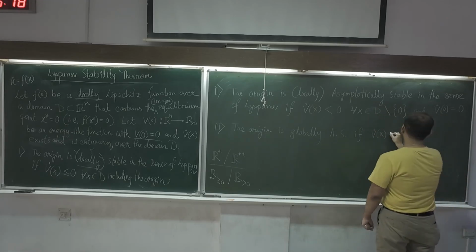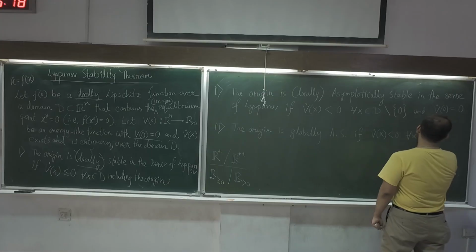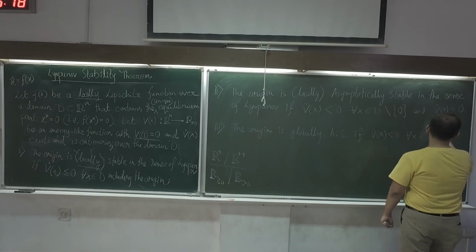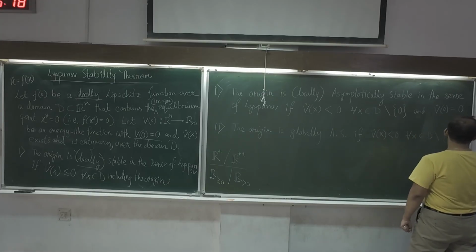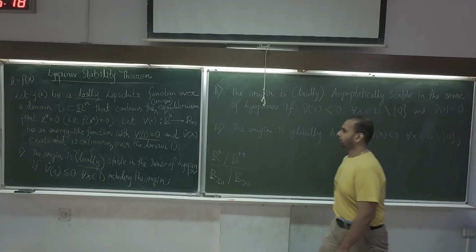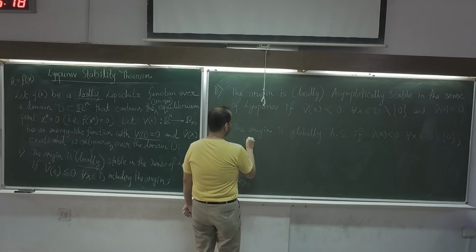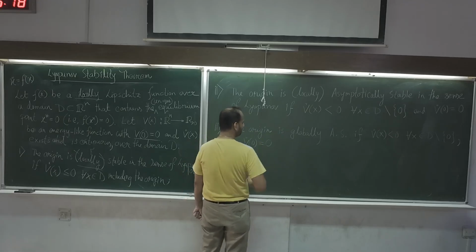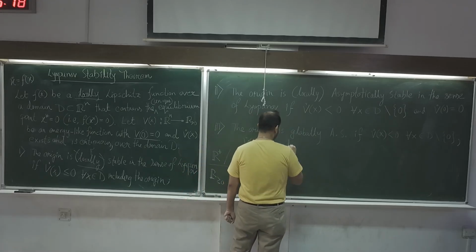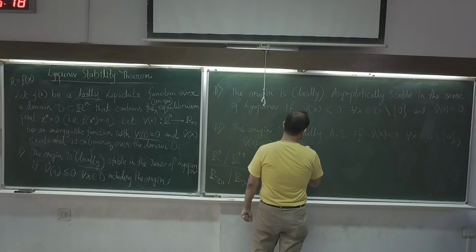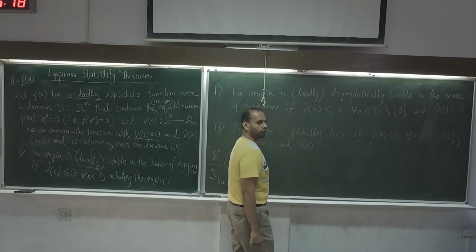V dot x less than 0 for all x belonging to D excluding the origin, comma, V dot of 0 equals to 0, and the third point is completely new to you.